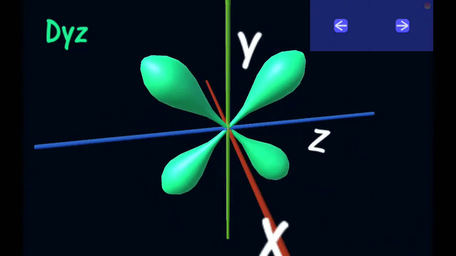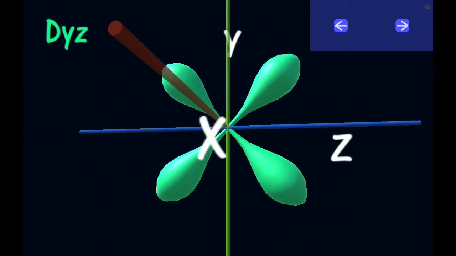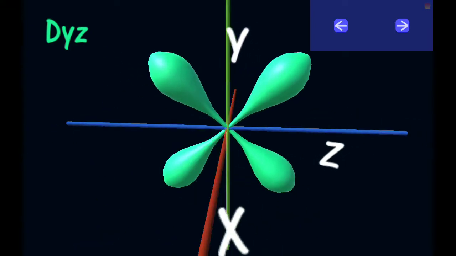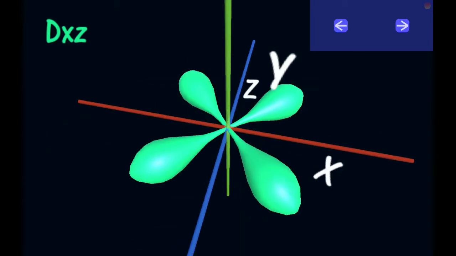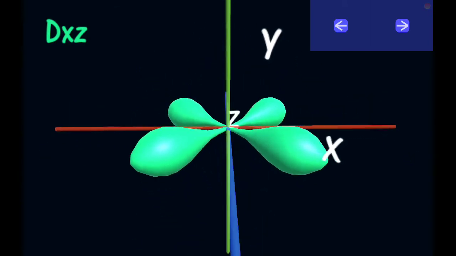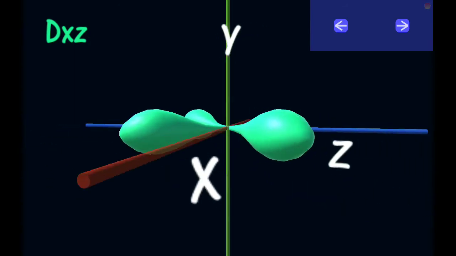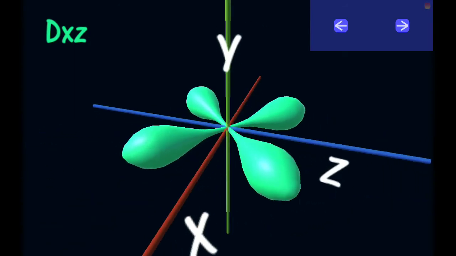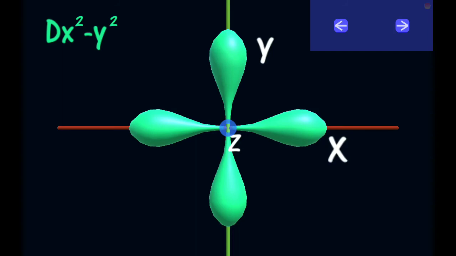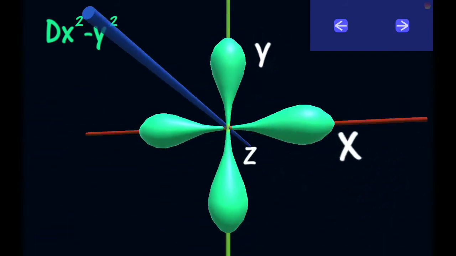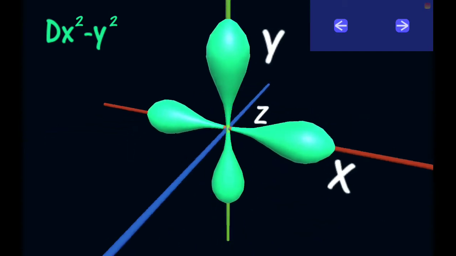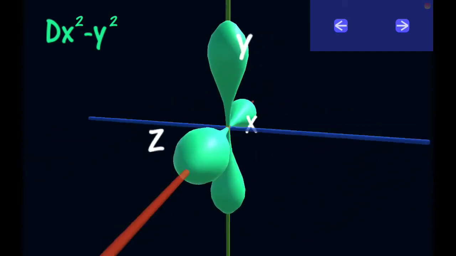Now we have dyz. This is along the yz plane, and along the x-axis there is no electron probability. Now this is dxz. This is on the x and z plane, and along the y-axis there is no probability of finding the electron. Now this is dx square minus y square. The lobes are on the x-axis and the y-axis.